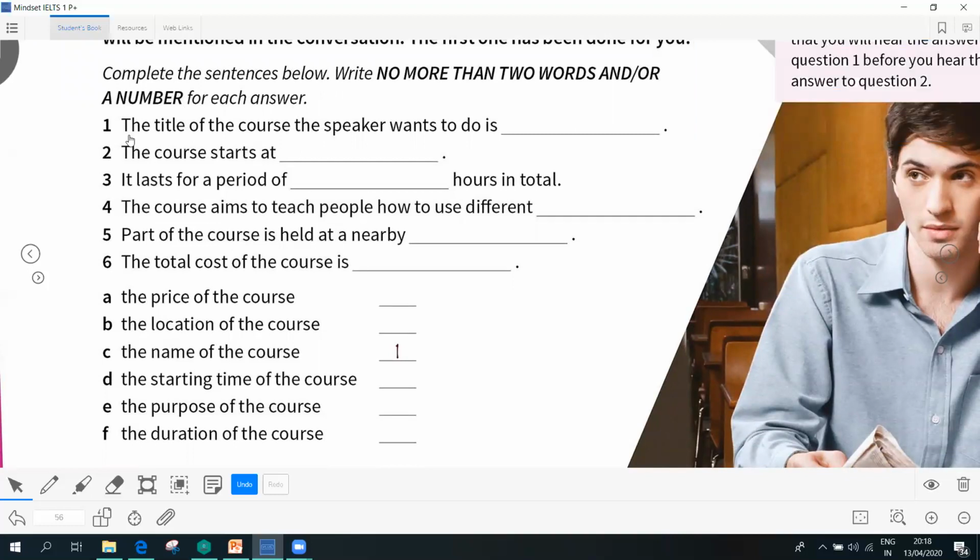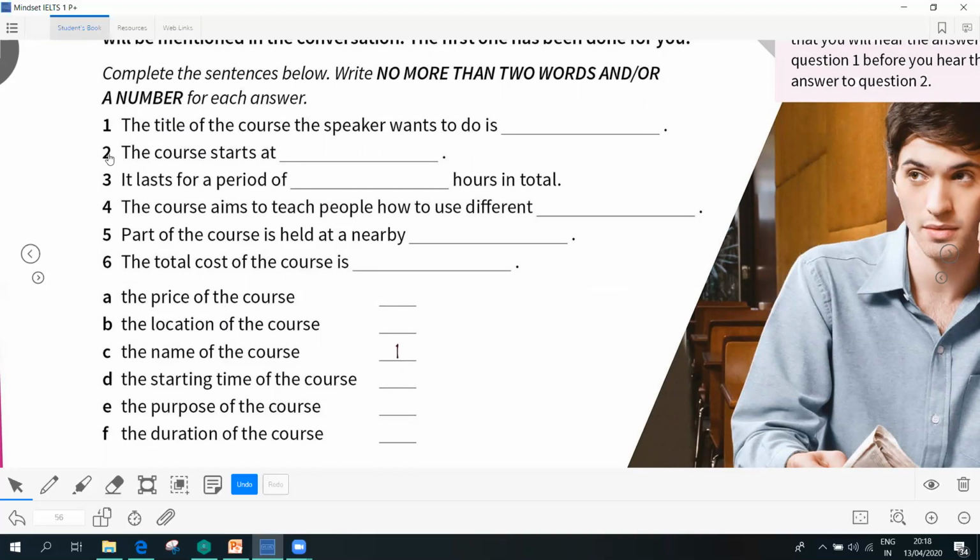Look at number 1. The title of the course the speaker wants to do is dash. You don't have to fill in the gap with the answer because there's no audio. You need to find out the topic. What's the topic here? The title of the course the speaker wants to do. The name of the course. That's the topic that is mentioned in the conversation. So you write number 1.